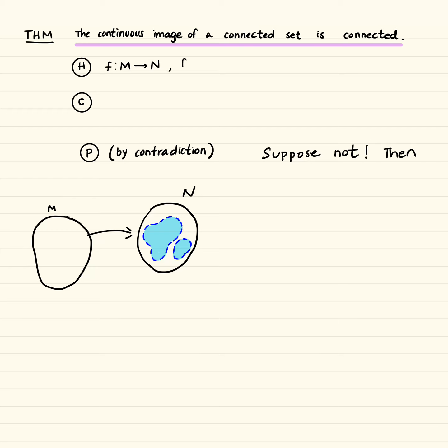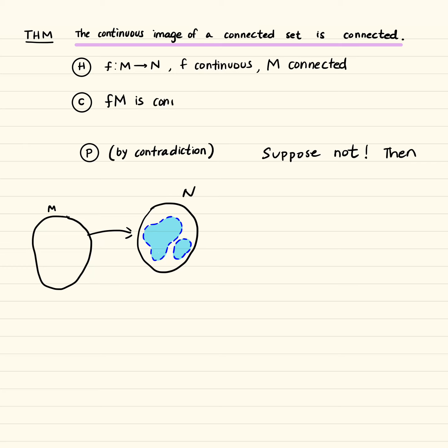Let's put in here that f is continuous. We also can say that m is connected. And then the claim would be that the image of m under f is connected. So f of m is connected.